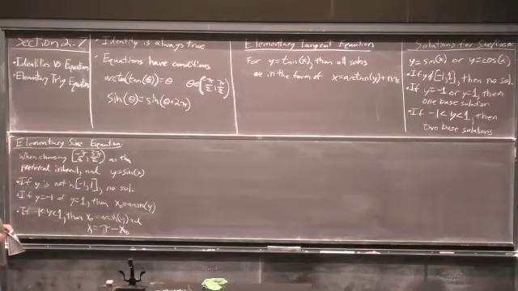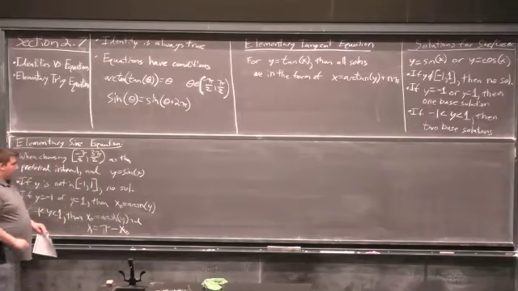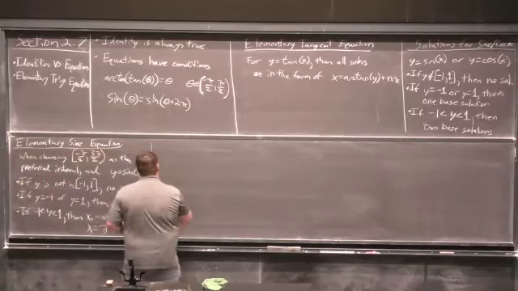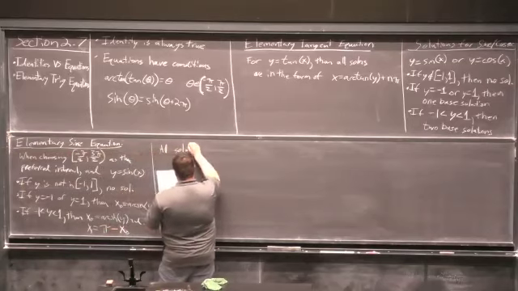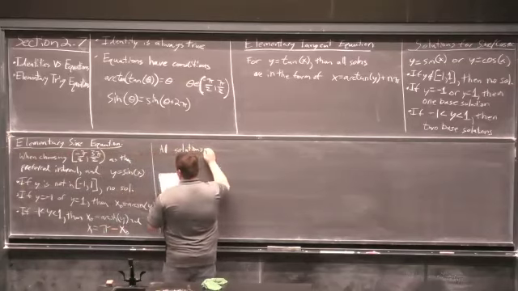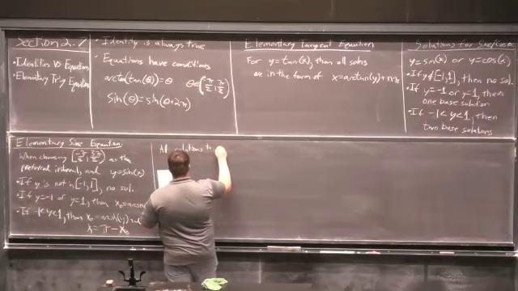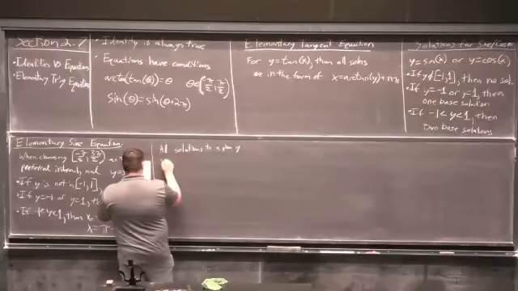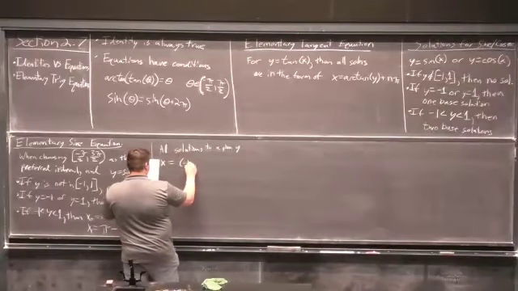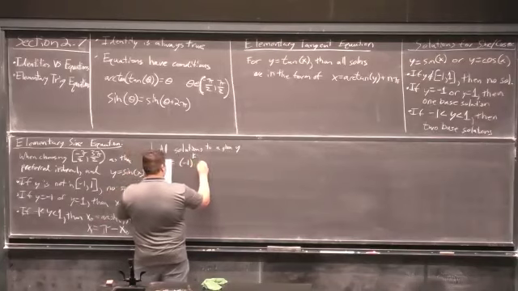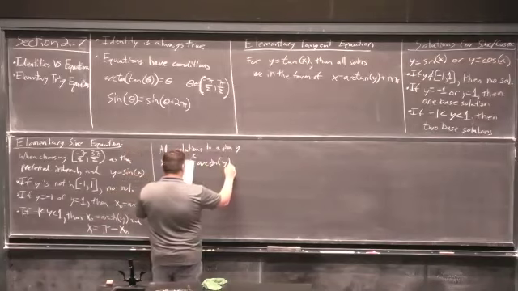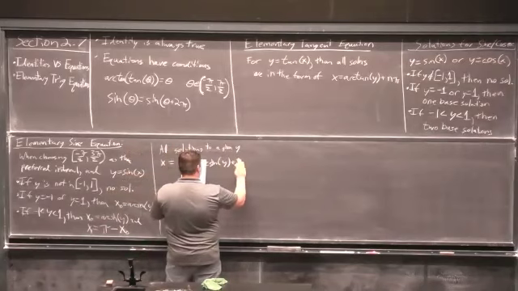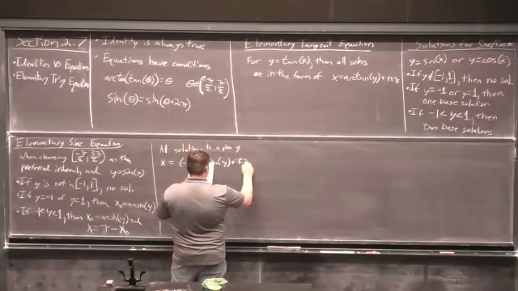And so how do we get all solutions? We'll state that all solutions to a given y, x is equal to -1 to the k arc sine of y plus k pi.